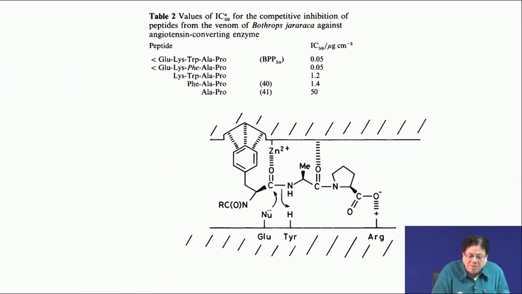Now, let us again come back to that pentapeptide: glutamic acid, lysine, tryptophan, alanine, proline. What it says is IC50 values. IC50 is the amount needed to lower the enzyme activity by 50%.